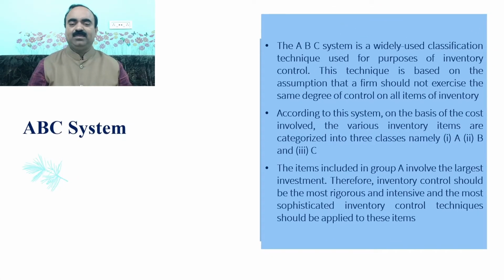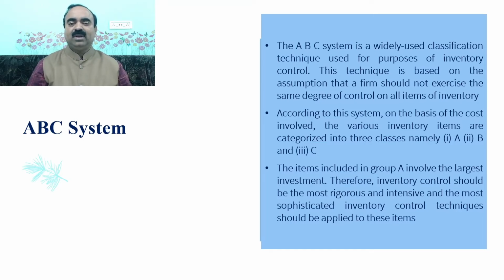ABC system. The ABC system is a widely used classification technique used for purposes of inventory control. This technique is based on the assumption that a firm should not exercise the same degree of control on all items of inventory.